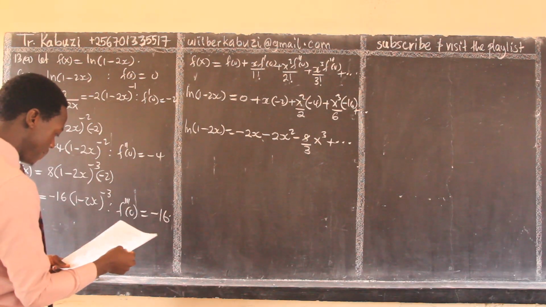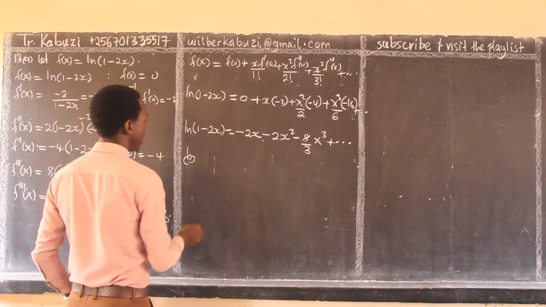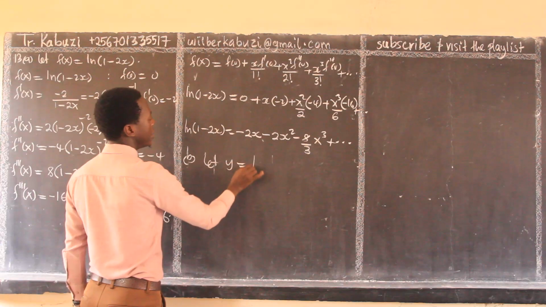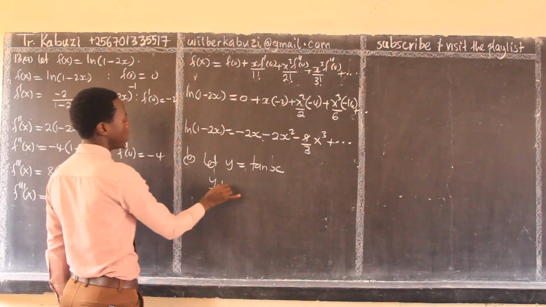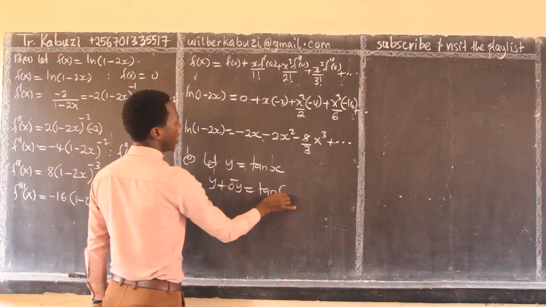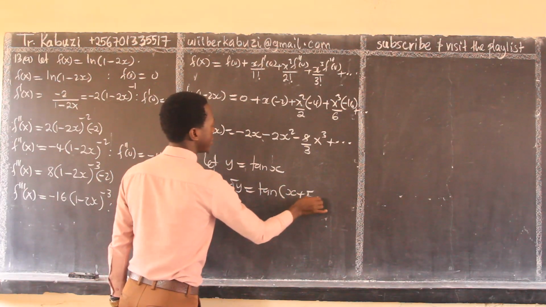Then when you come to part B, they wanted us to use small changes. So start by saying, let our y be tan of x. Then when we have a small change in y, we shall also have a small change in x.